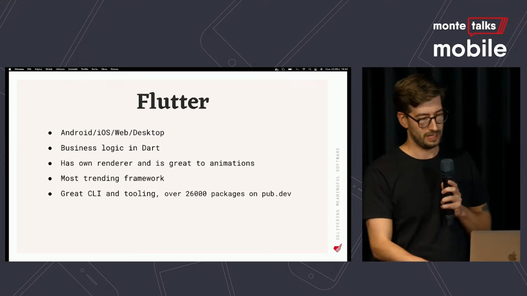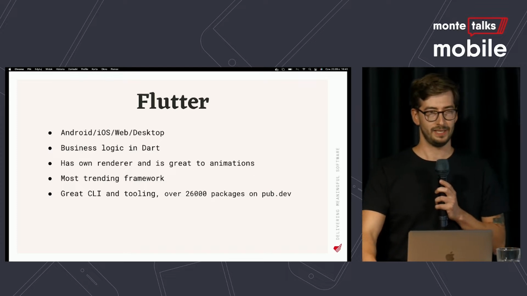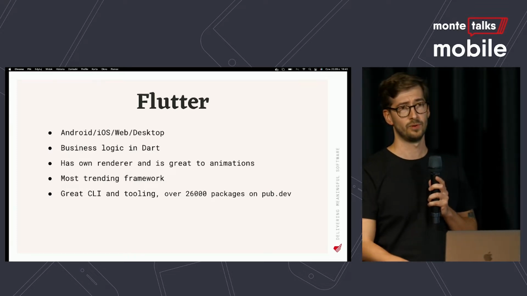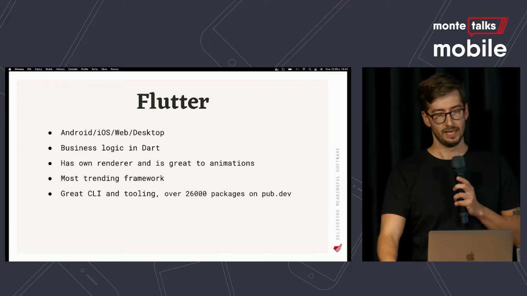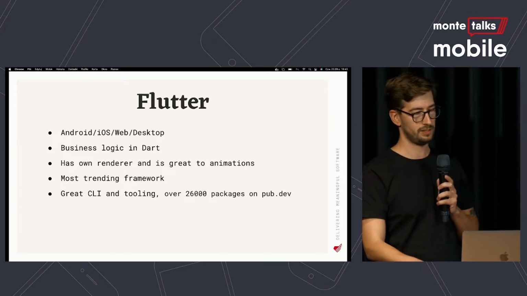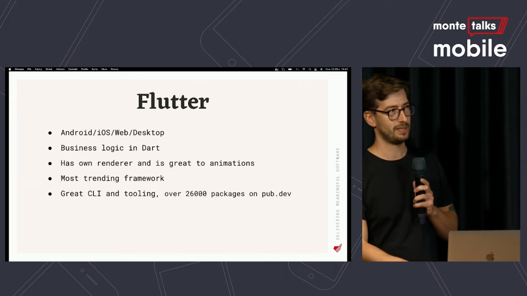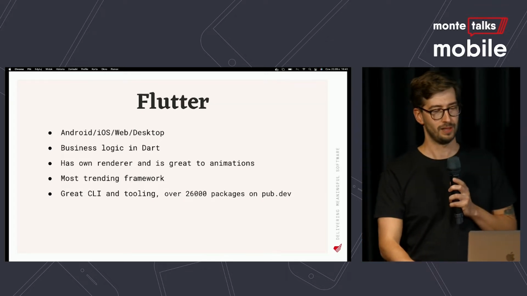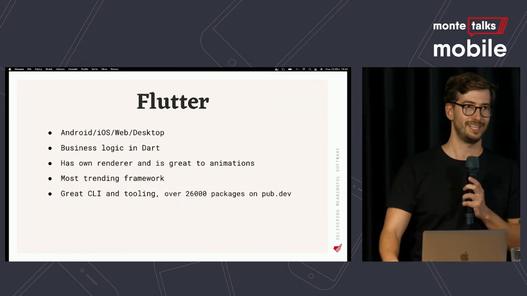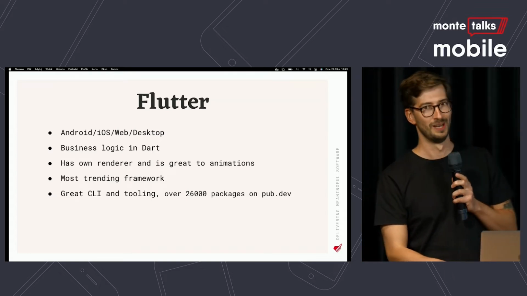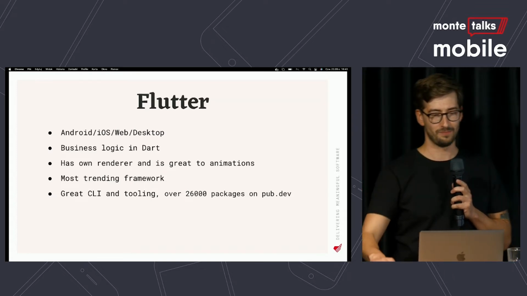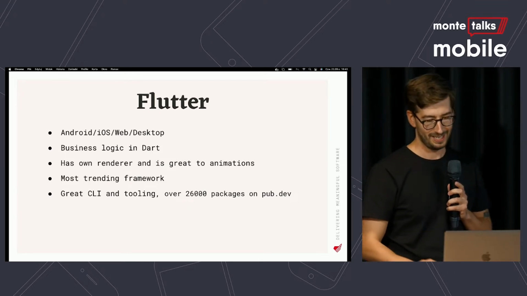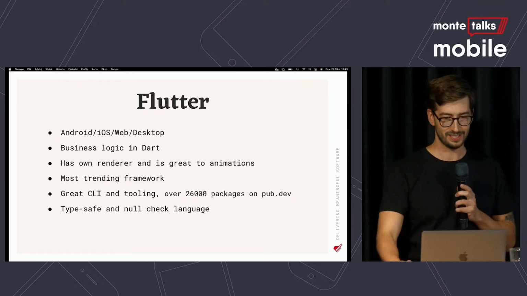Also, we have pub.dev, and there are over 26,000 packages, and even more if we include the hidden ones. What is really nice here is that many of them are proven and work really well. That is not always the case in the JavaScript world, where we have over 1.8 million libraries in NPM.